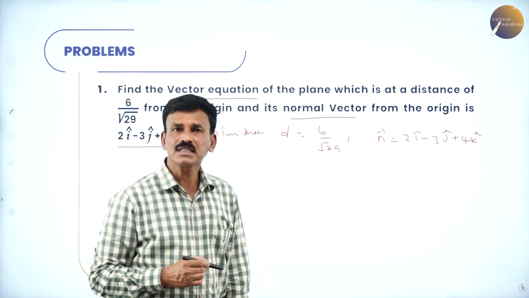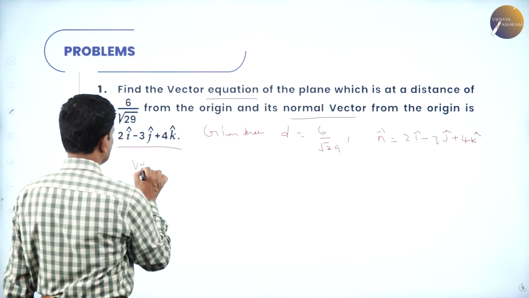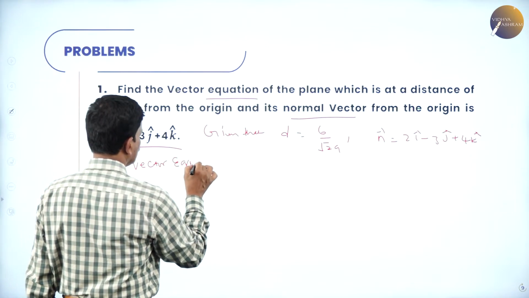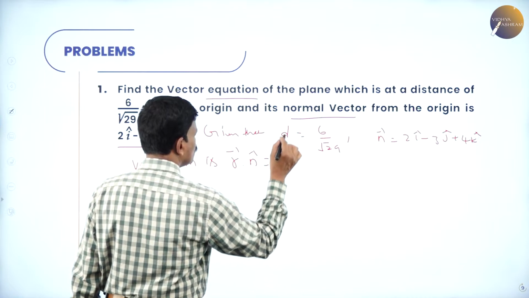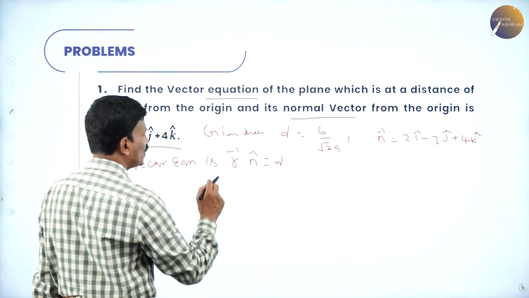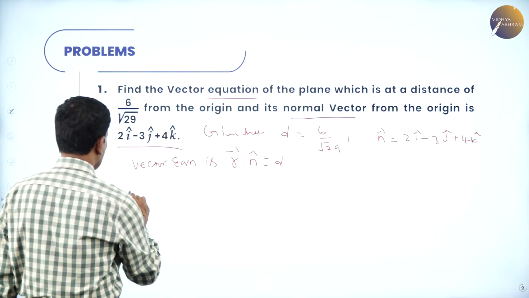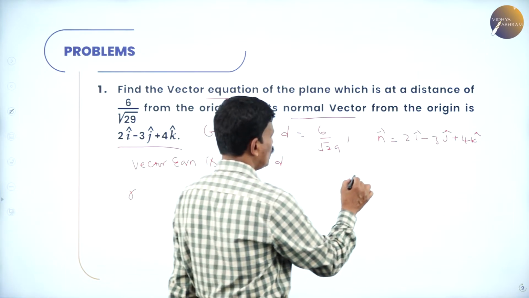So what is the vector equation? The vector equation of the plane is vector r dot n cap is equal to d. Since we know the value of d, first find the value of n cap.